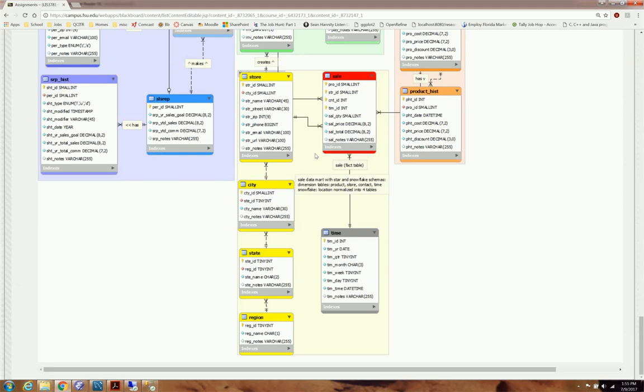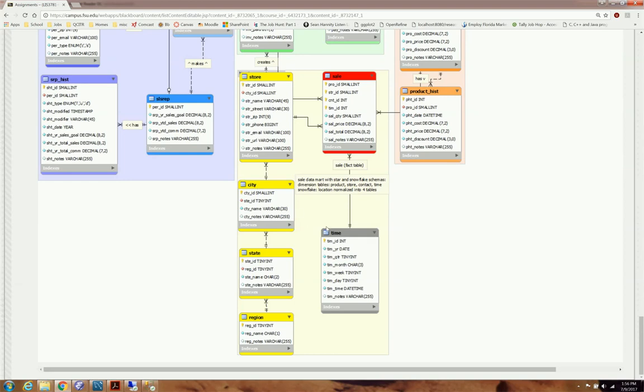And that location dimension is actually broken down into region, state, city, and store, with the city ID being a foreign key. Notice how the dimension tables in the snowflake schema have a relationship. So region is the parent table to state, which is the parent table to city, which is the parent table to store.